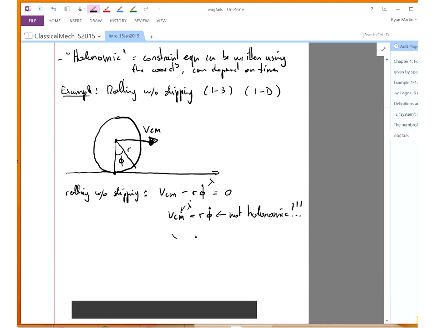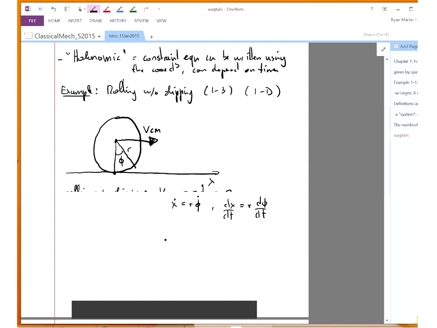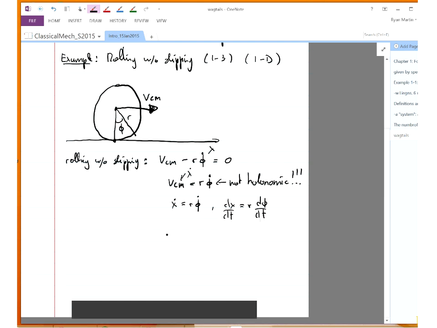Let's rewrite this. Explicitly, this is x dot equals r phi dot. To be super explicit, that's the same as saying dx by dt equals r d phi by dt. Now, r doesn't actually depend on time, and it turns out this is trivial to integrate.